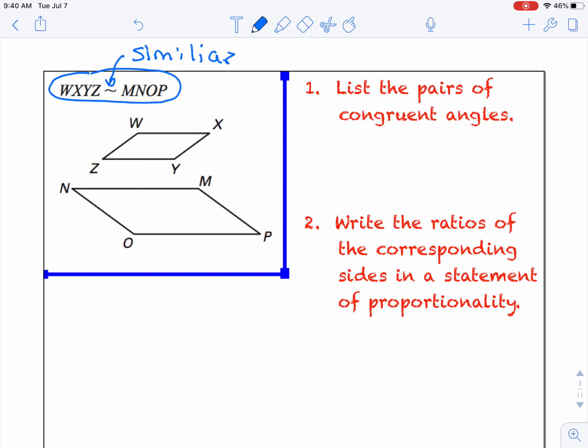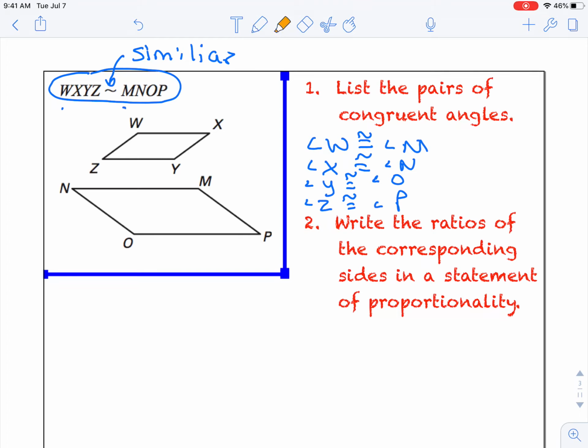So the congruent angles would be angle W is congruent to angle M, angle X is congruent to angle N, angle Y is congruent to angle O, and angle Z is congruent to angle P.